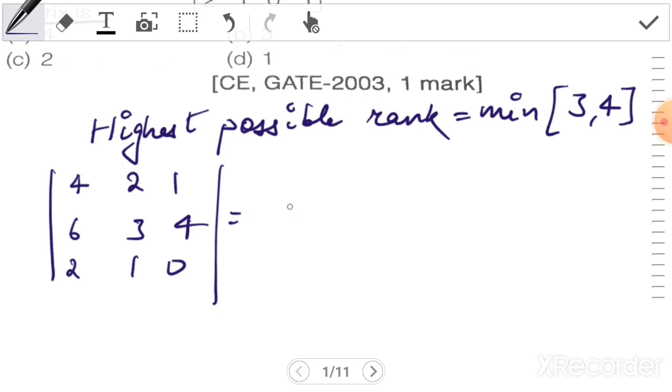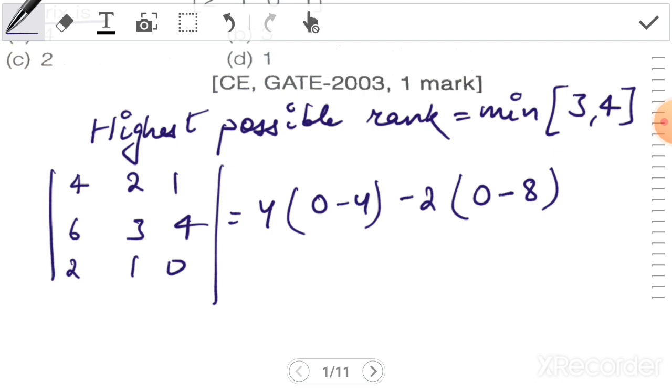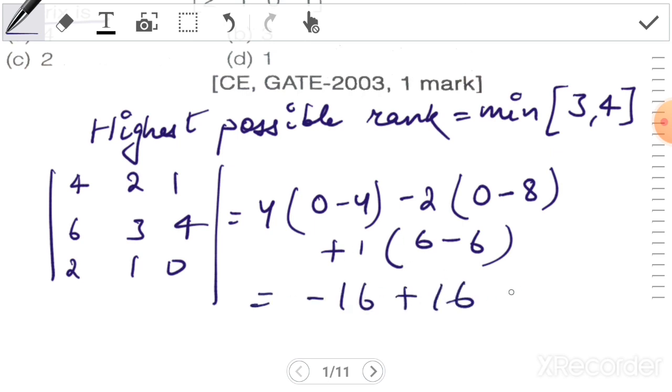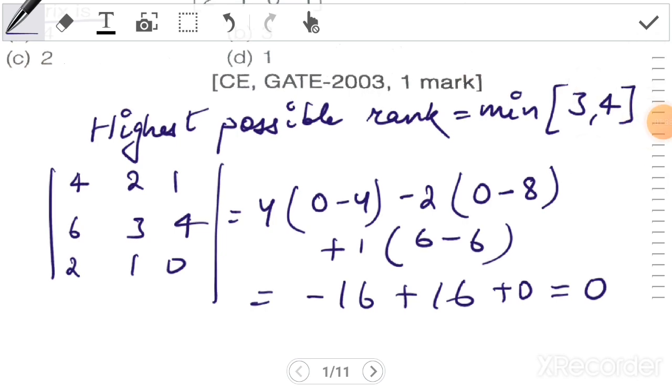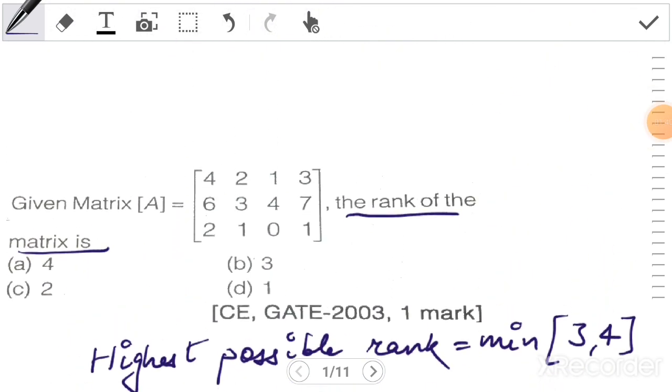So let's find the determinant. The determinant is 0. Let's check this column and this column.